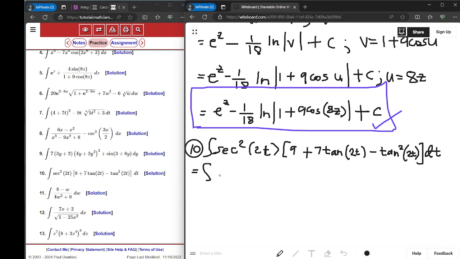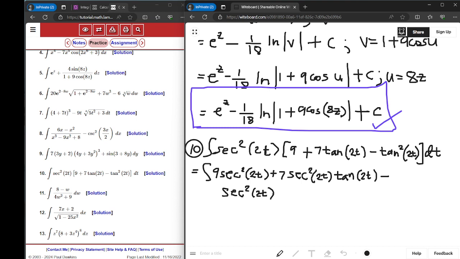So the result will be 9 secant squared of 2t plus 7 secant squared of 2t times tangent of 2t minus secant squared of 2t times tangent squared of 2t, and dt.